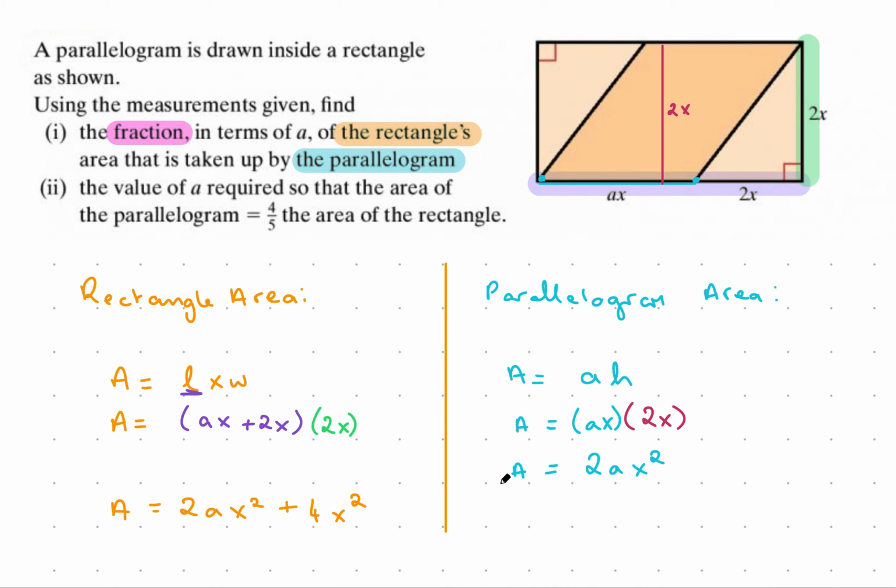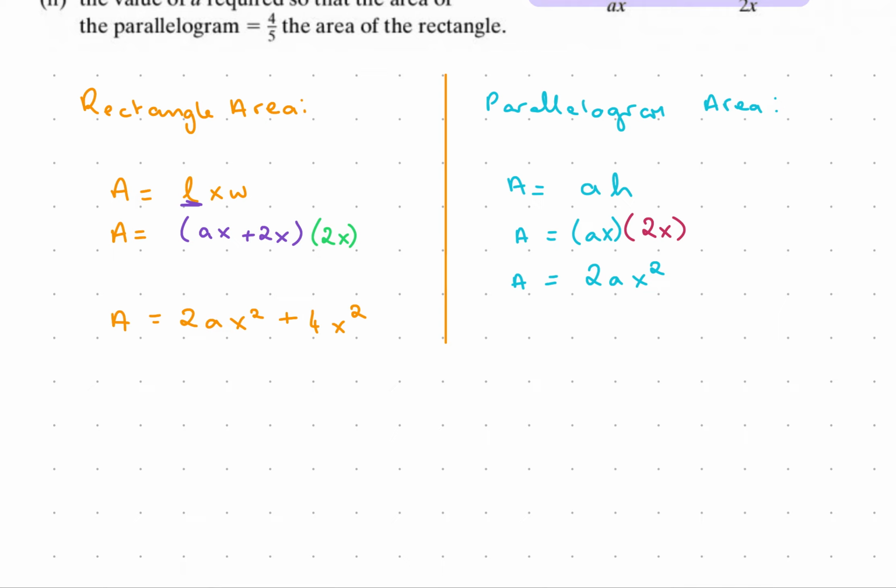Now, there's two parts of the question done. I have to go back to that third part, which was to find the fraction. So the bigger shape is the rectangle, so that's what I'm going to be expressing this as a fraction of. On the bottom of our fraction, we're going to have the rectangle's area. And I'm comparing that to the parallelogram's area.